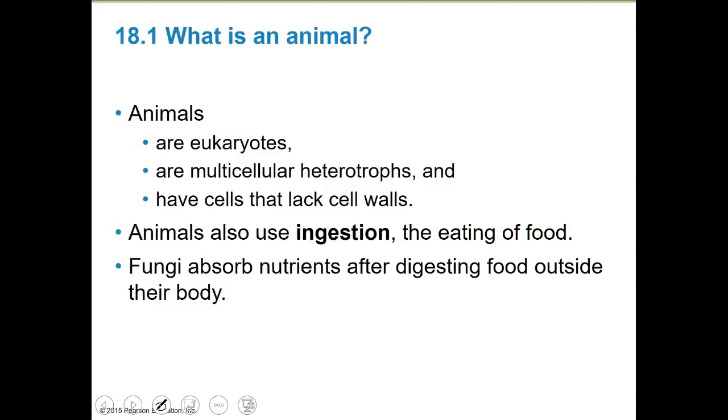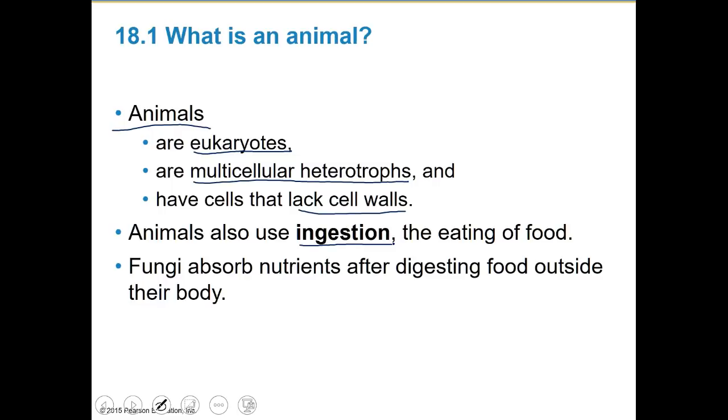So all of the animals that you have chosen or had selected for you, everything that we're covering is an animal. They're all eukaryotes, so we know they have a true nucleus. They're all multicellular heterotrophs, and they have cells that lack cell walls. Animals also use ingestion, which is eating food.